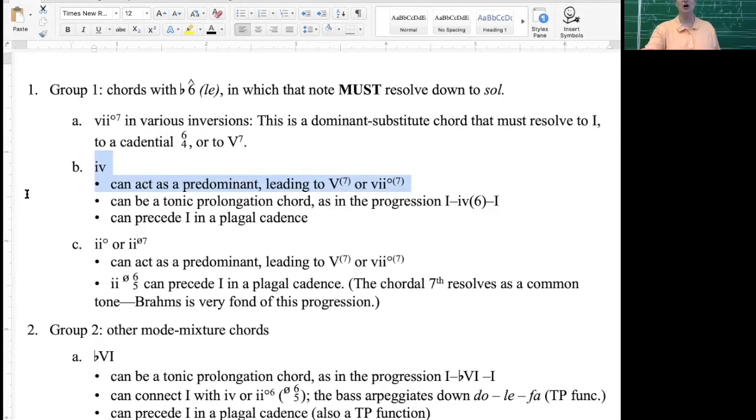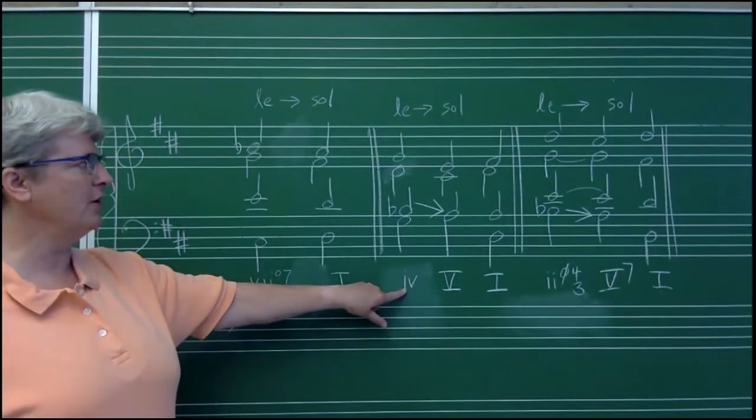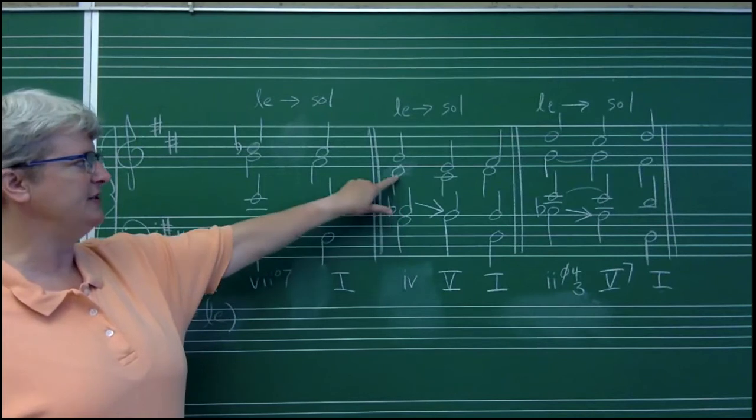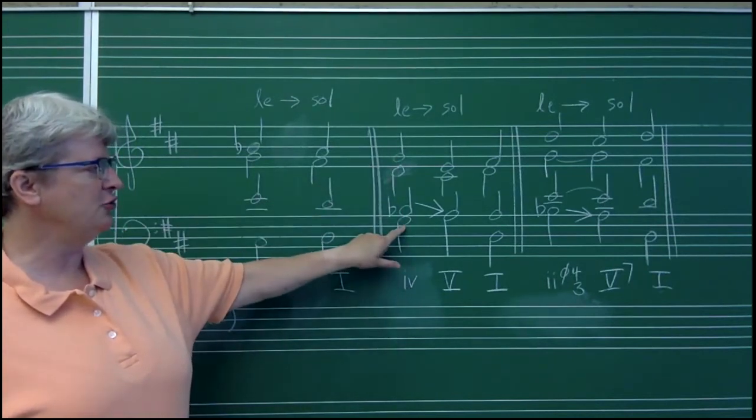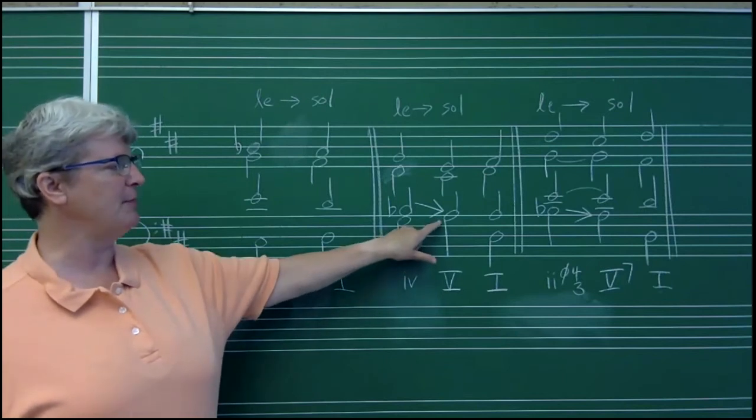In a minute, I'll talk about the possibility of 4 as a tonic prolongation chord or as a chord that's part of a plagal cadence. But let's first see the example of the predominant 4 chord. Okay, so here's my 4 chord, G minor, G, B flat, D, G. This is a situation where we have 2 root position chords whose roots are a step apart.